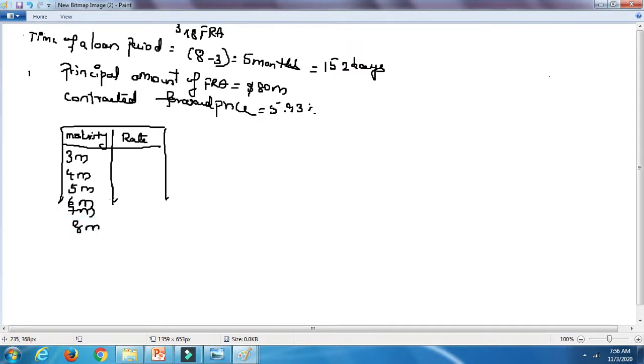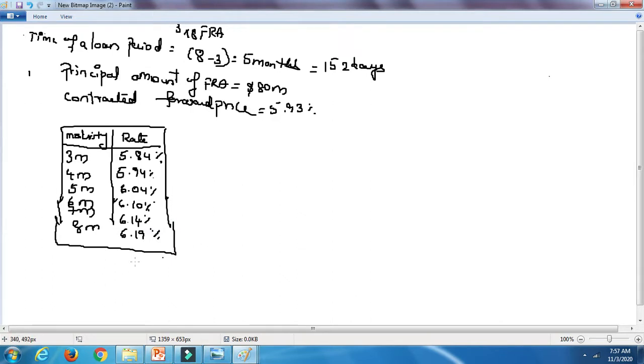The interest rates given are 5.84%, 5.94%, 6.04%, 6.10%, 6.14%, and at last 6.19%. Right, this is the question he has given you. Now you need to calculate the receipt or payment for the entire 6 months he is asking.